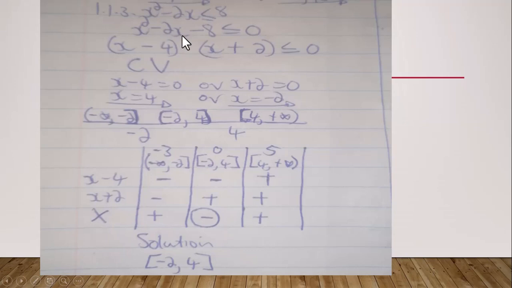We have x squared minus 2x minus 8 is less than or equal to 0, because when you take this 8 to this side, we are left with 0 on the right side. Now I need to factorize this. The factors of 8 that can give me 2 are 4 and 2. The bigger number, 4, takes the sign of the middle term, which is negative. When I multiply them, I should get a negative. So when this is negative, that would automatically be a positive.